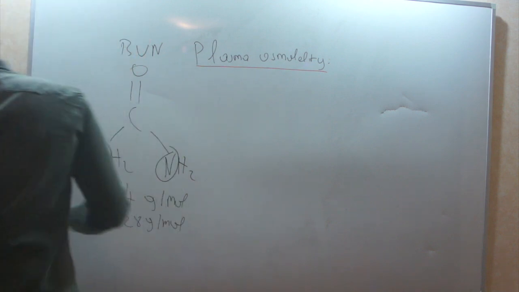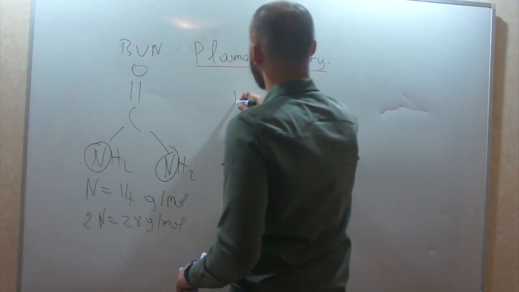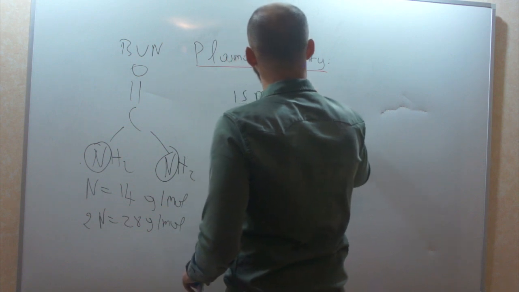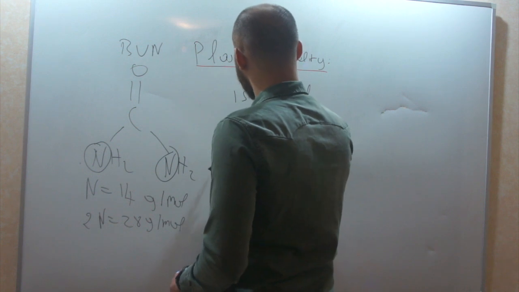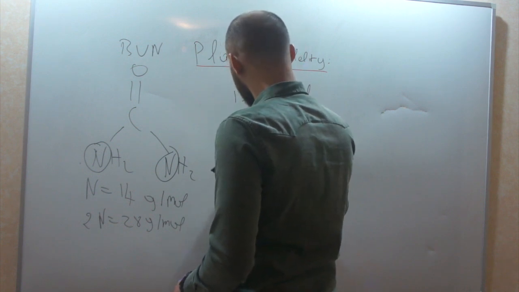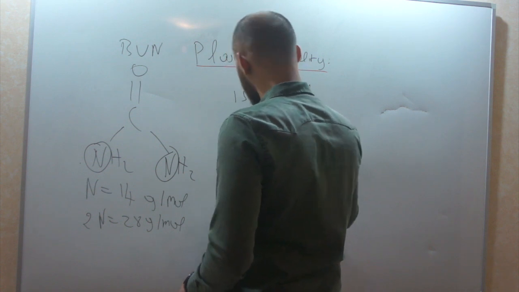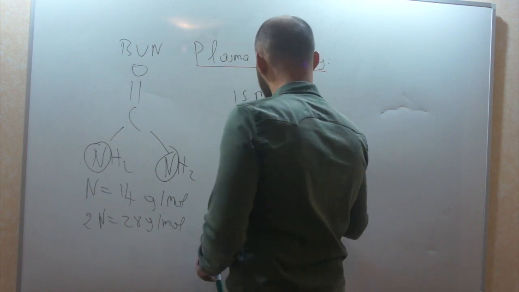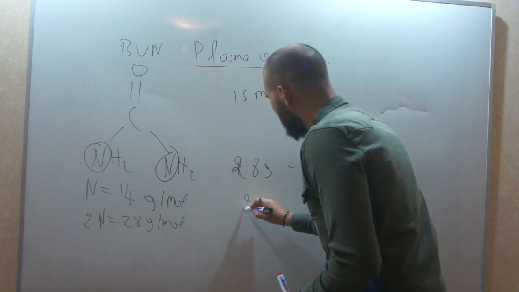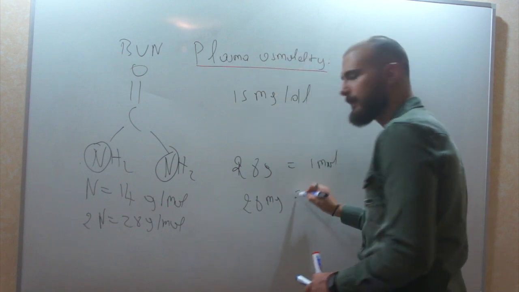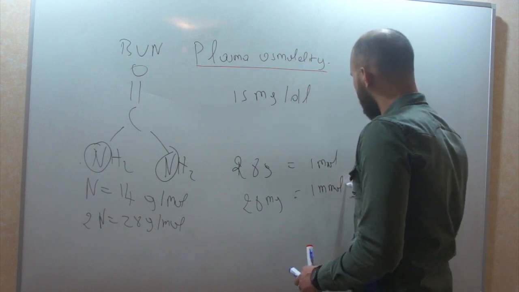So let's go again. For urea we have like 15 milligram per deciliter of urea. 28 gram of urea is 1 mole of urea, so 28 milligrams of urea is 1 millimole of urea.